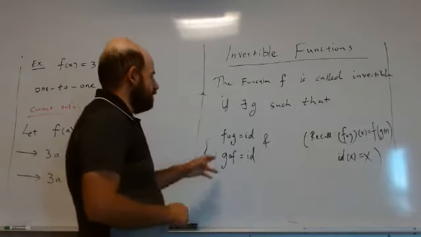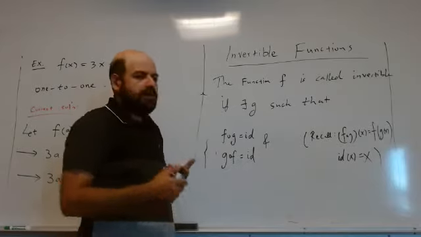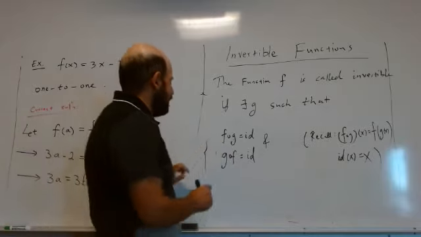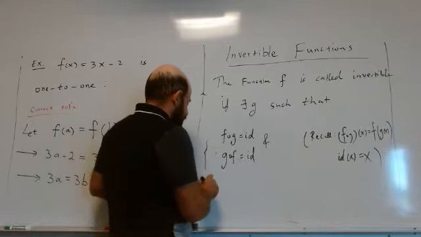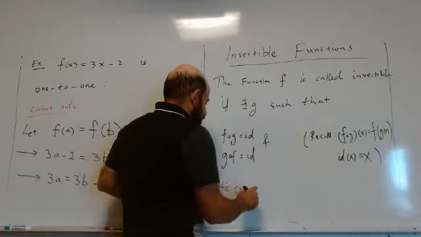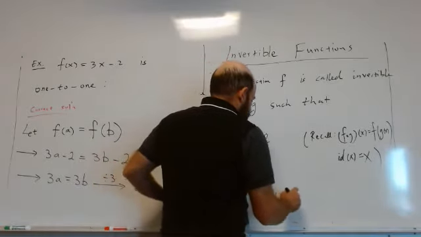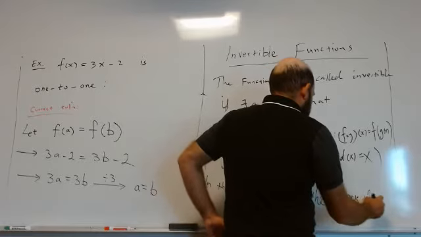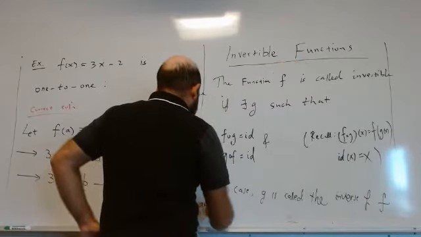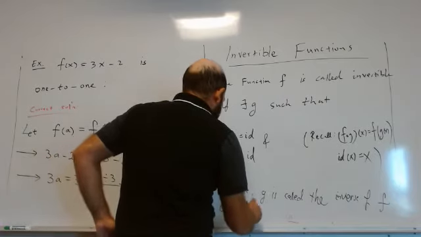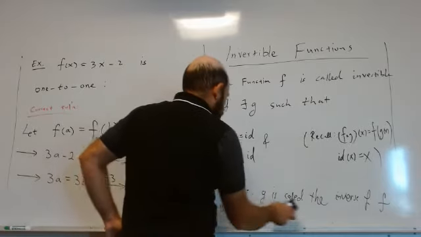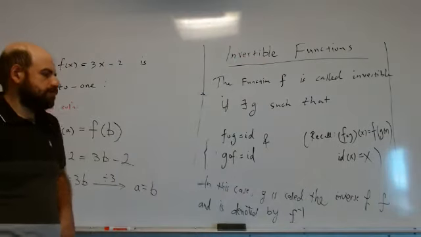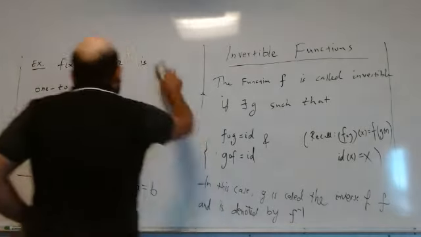So if there exists a function g such that f∘g is the identity, which is the neutral element of the functions, and g∘f is also the identity, then f is called invertible, and the function g is called the inverse of f, and is denoted by f inverse. f inverse means inverse of f.